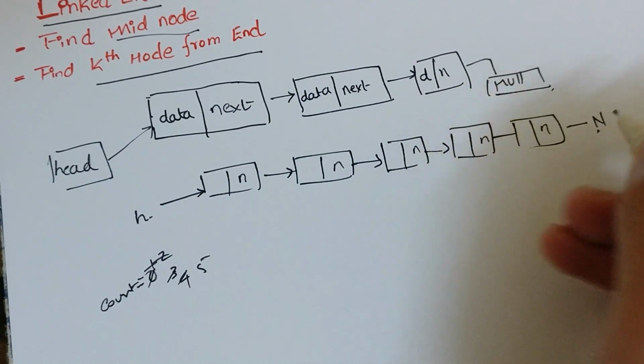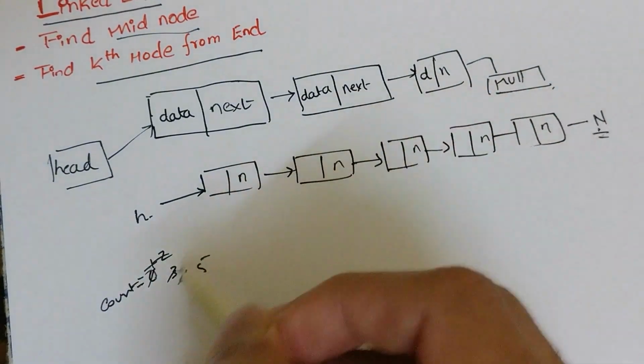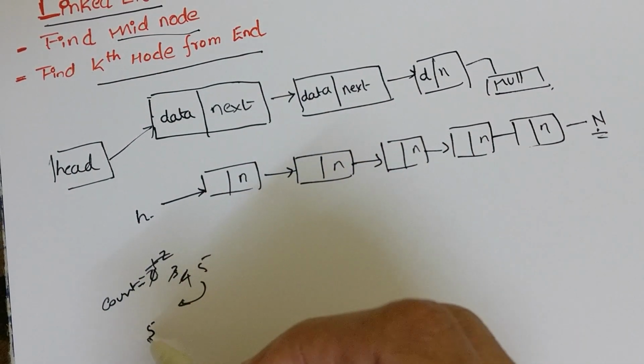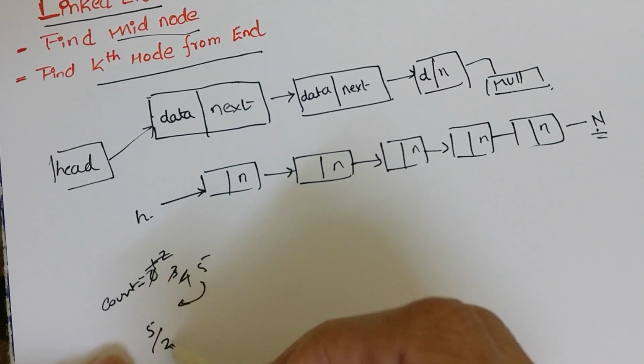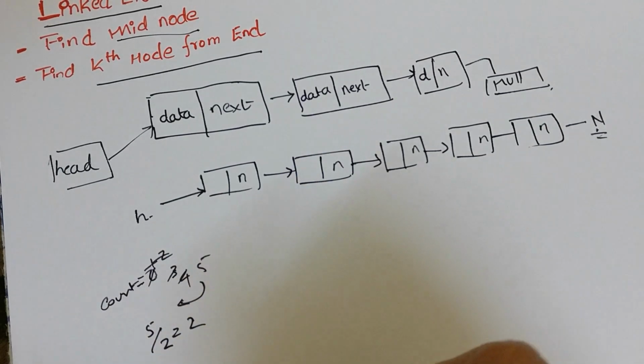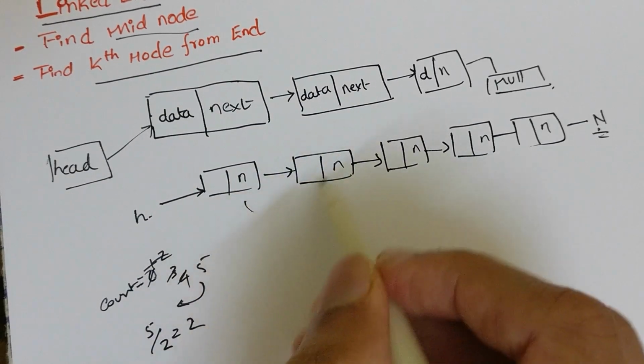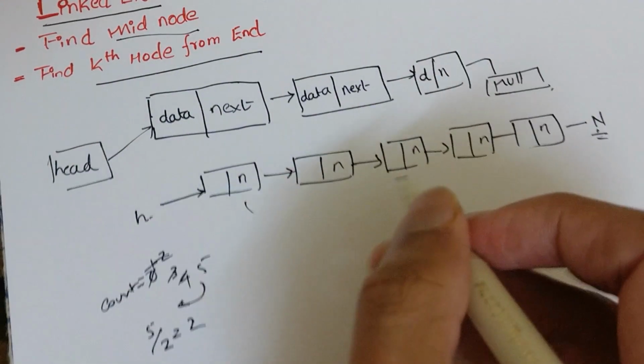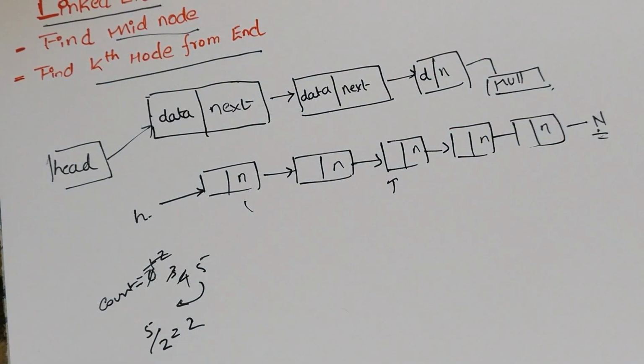Next I reach null, so I return this result, 5 nodes total, and do 5 by 2, which results in 2. Now I'll go 2 steps and get the middle. But this requires traversing the whole linked list once and then again traversing half of it. So can we do something better?